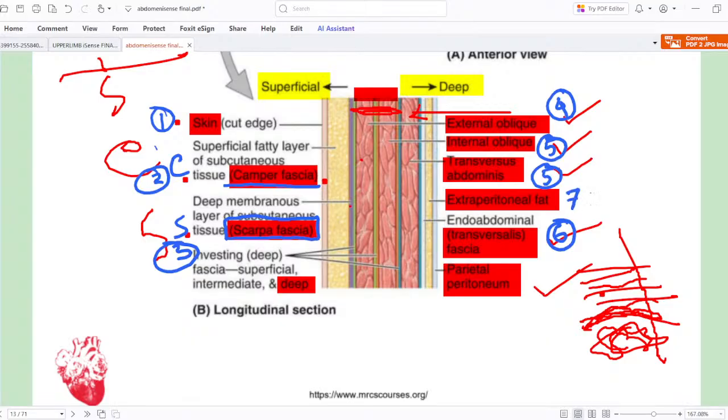Extraperitoneal fat. Transversalis fascia and peritoneum. Peritoneal cavity, then parietal and visceral peritoneum.